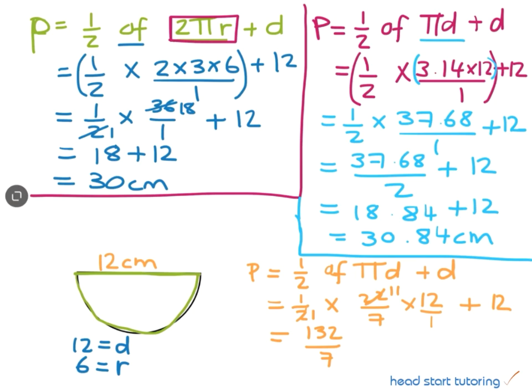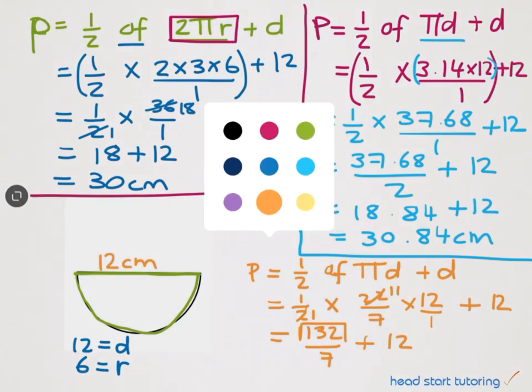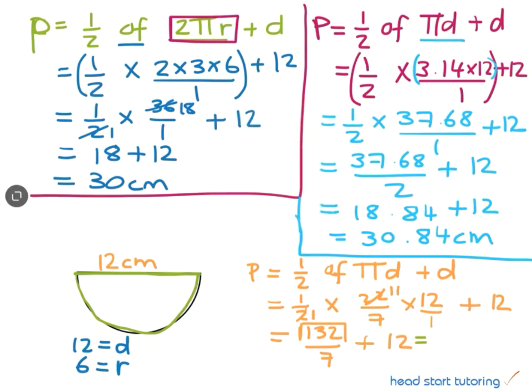So 11 times 12 gives us our 132, put over 7, and then we remember to plus 12. 132 over 7 is equal to 18.85, and then we plus our 12, and that gives us a final answer of 30.85 centimeters.